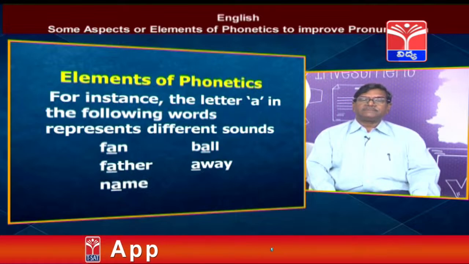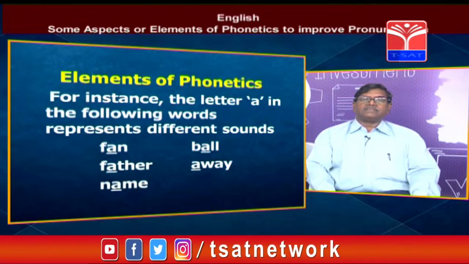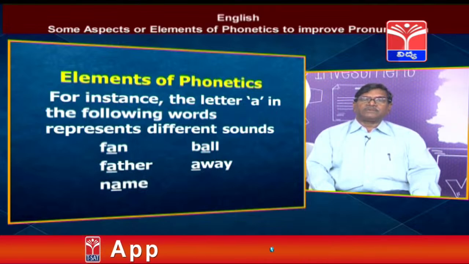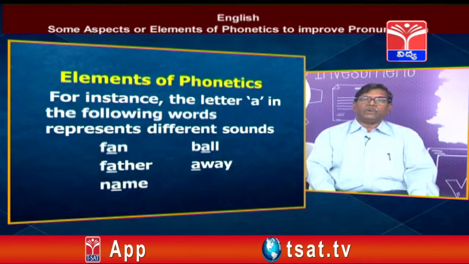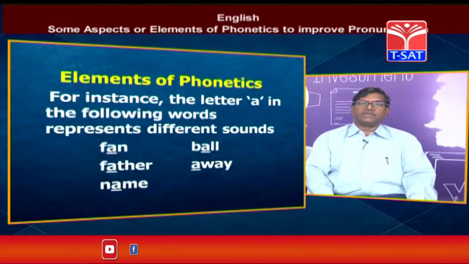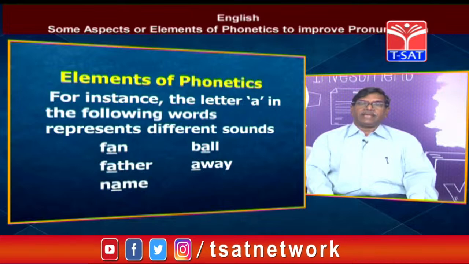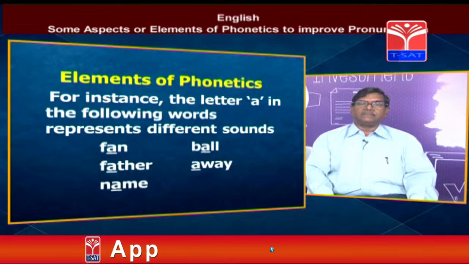So, in the word fan, it represents one sound, in the word father another, in the word name another, in the case of the word ball, A represents the sound O, and in the case of the word away, the initial letter A represents a weak sound.